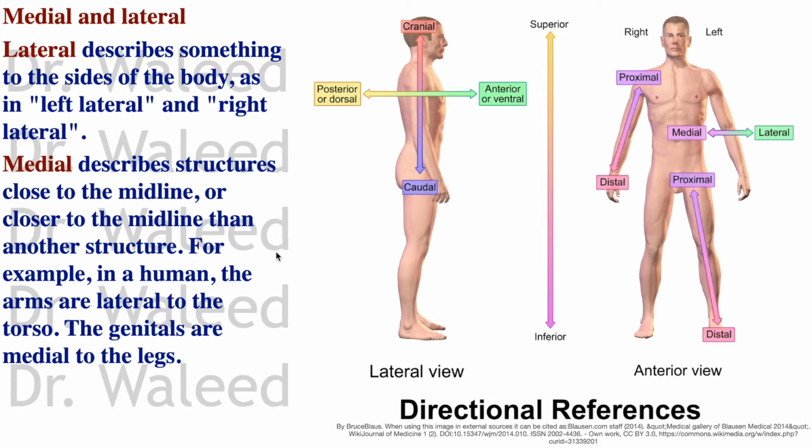Lateral means away from the midline or away from the body, and medial means structures close to the midline. For example, in a human, the arms are lateral to the torso, and the genitals are medial to the legs, to describe these terms, lateral and medial.